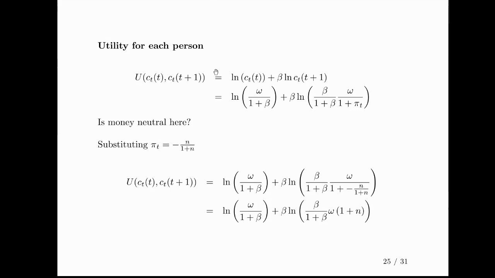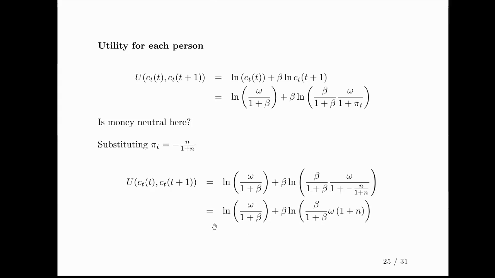So that affects their intertemporal utility. And then what we can do is substitute this inflation, because we have an expression. We know it's always minus n over 1 plus n. And if I do that, I get this simpler expression. Here, there is 1 plus n.